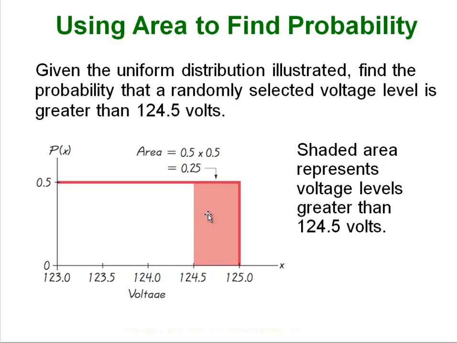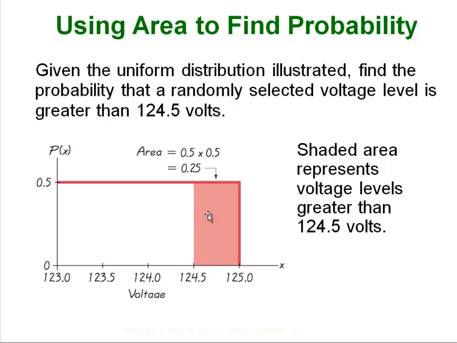So here's an example. Given the uniform distribution illustrated below, and this is for voltage levels, they measured voltage levels on some sort of circuit, and they found that the voltage levels on that circuit ranged between 123 up to 125. And because it's a measurement of a quantity, you can get all of those things in between.